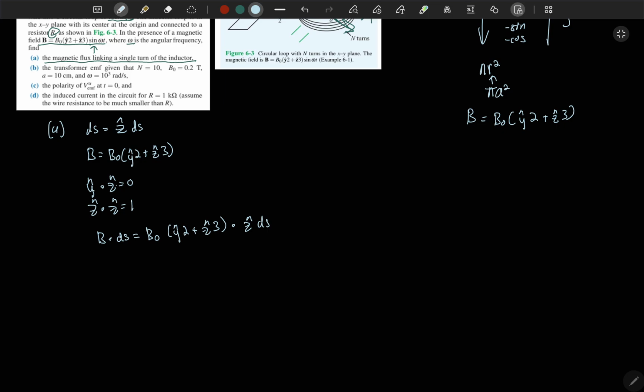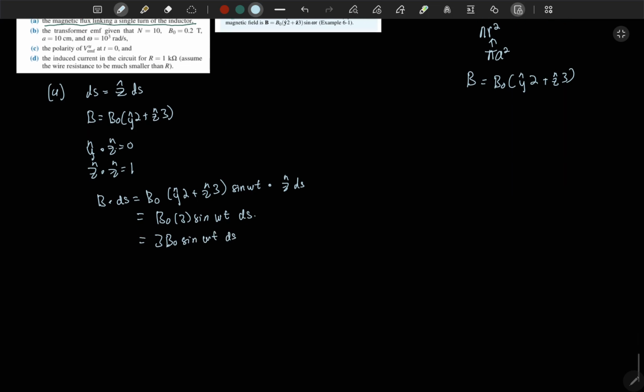The y and z parts become 0, and z becomes 1, so this equals B naught 3. In the simplified equation, it would be B naught 3 sine, ds, which is equivalent to 3 B naught sine ds.